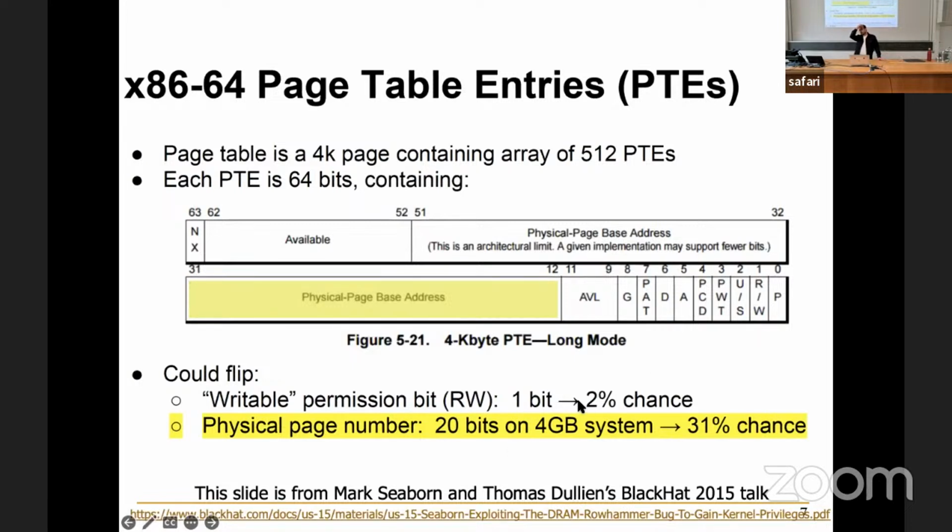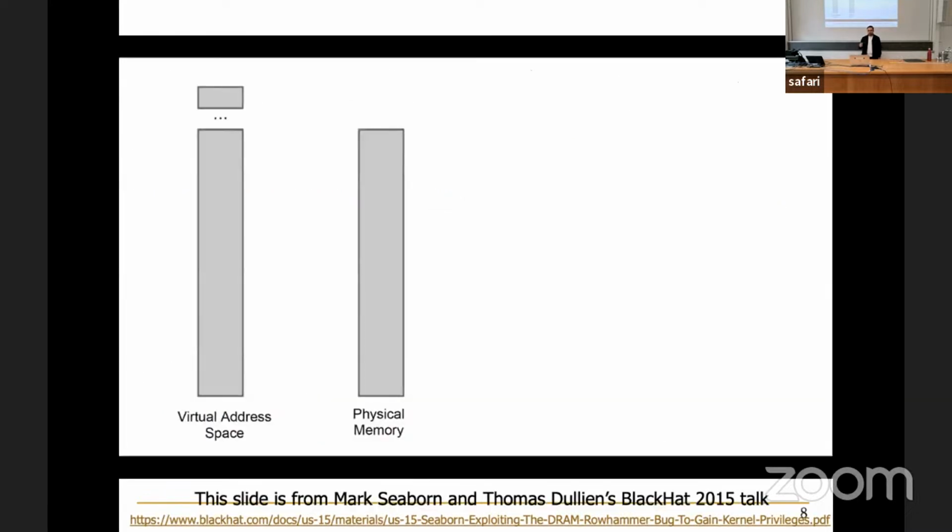So they do not do that. What they do is flip bits in the physical page base address, so that you have a 31% chance of hitting one of those bits, so that your page table entry points to a different location, which you shouldn't be able to do. So let's see how it works.